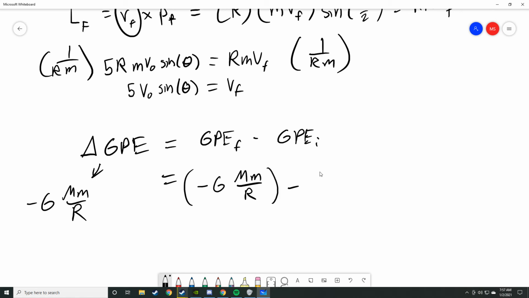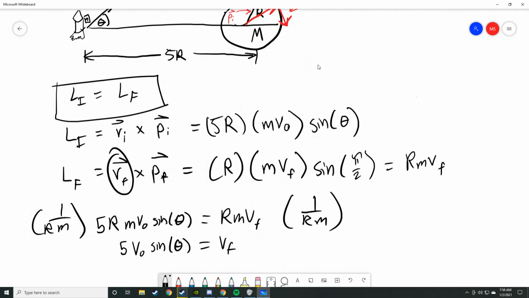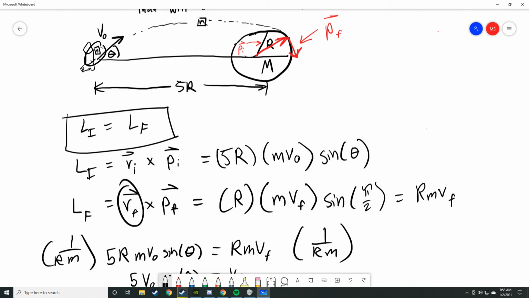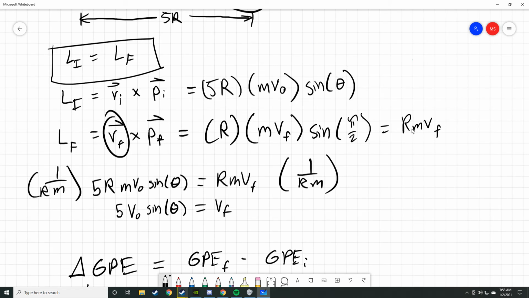And then we'll subtract our initial gravitational potential energy. Well, the distance now is actually 5r if we look at the diagram. So initially we started here, and the radial distance here is 5r as we've denoted below.